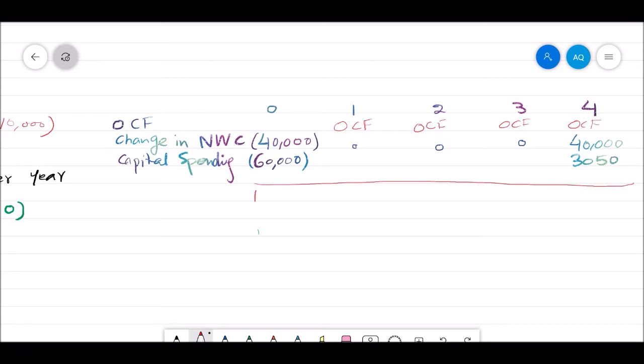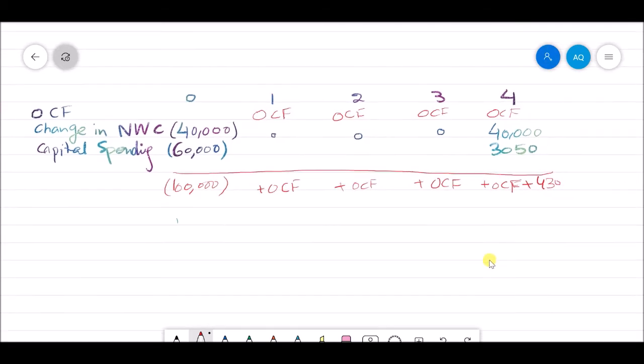So here it is 100,000. There will be some positive operating cash flow here too, some positive operating cash flows, and some positive operating cash flows, plus 43,000 50.